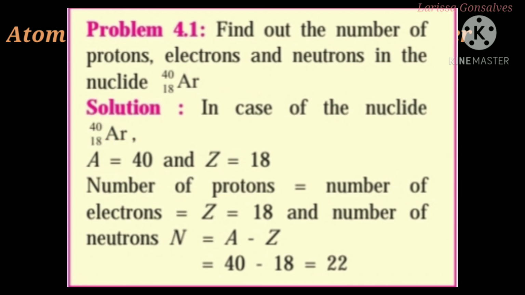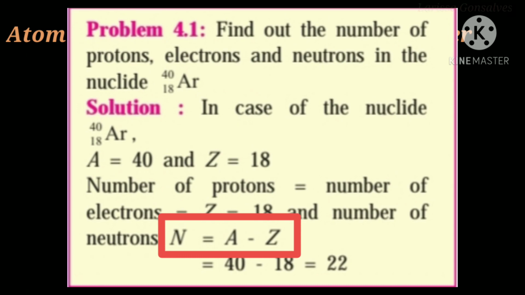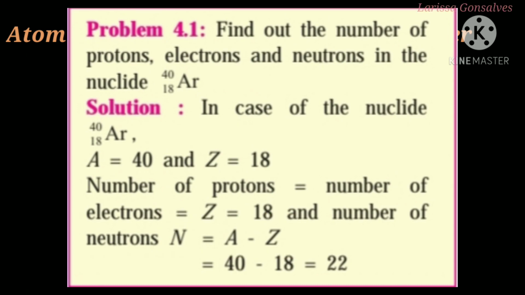We are going to use the same formula, A = Z + N. Since we want to calculate the number of neutrons, we will write it as N = A - Z. So A is 40 and Z is 18. After calculating, we get the answer as 22. So the number of neutrons in this particular nuclide of argon is 22.